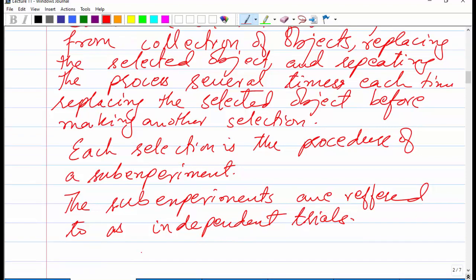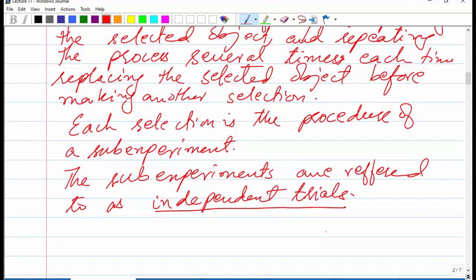So why are they independent trials? Because there are two things in it. The first one is that we can actually select the same object again, and the other reason is that we are putting the object back into the collection of objects, whatever we have selected for the experiment.